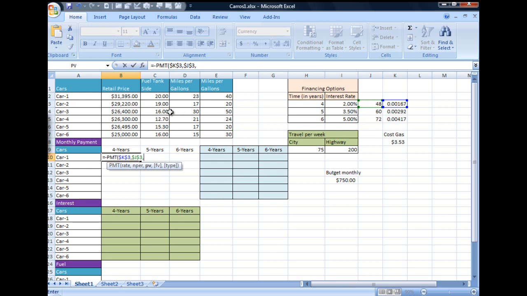B2 is the loan for the first car. Close the parenthesis and press enter. Okay, it's 681.12, and you drag this information to the other cars.